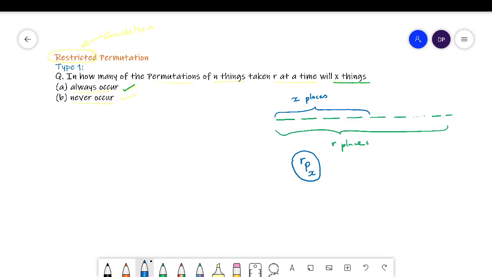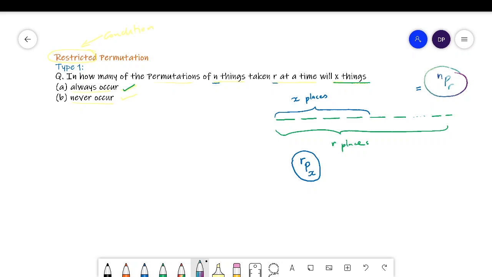One thing, if we do not put any restriction, then arrangement of n things taken r at a time is simply nPr. We know this, isn't it? Now here our restriction is x things always occur.